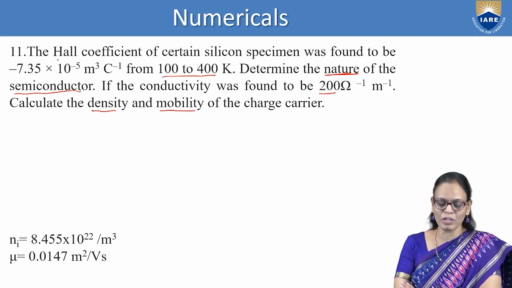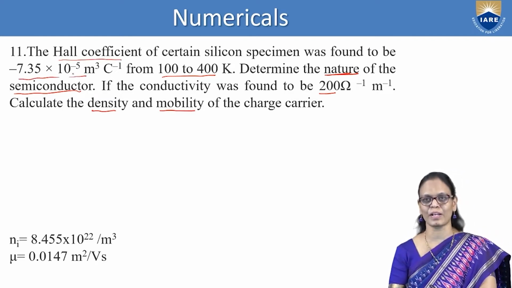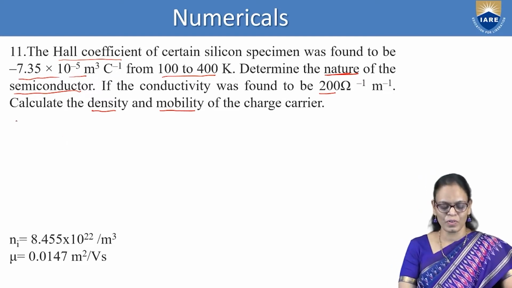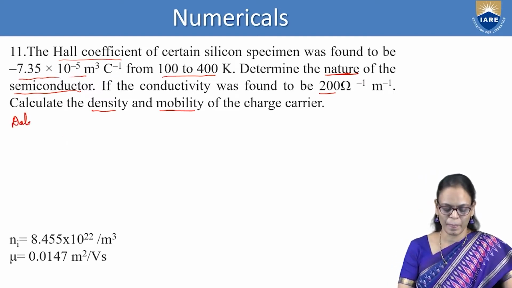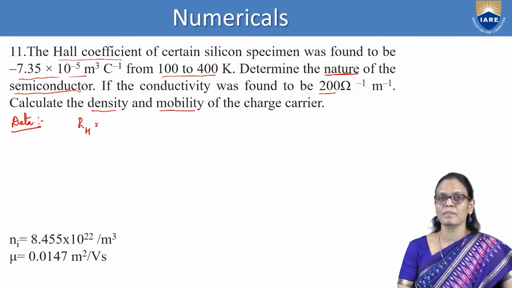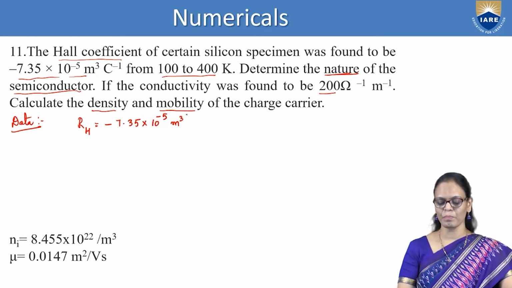So we are given the Hall coefficient, that is minus 7.35 into 10 power minus 5. Okay, so let us write the data. RH is minus 7.35 into 10 power minus 5 meter cube per coulomb.